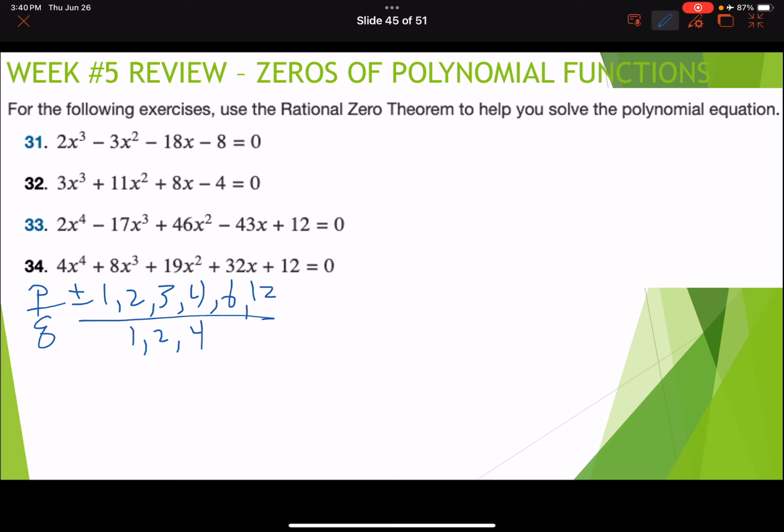Okay, so we only want the ones that are going to give us good solutions. I'm going to skip a little bit, because we could try a whole bunch of different things. Unfortunately, with this one, one half is a factor, negative one half is a factor.